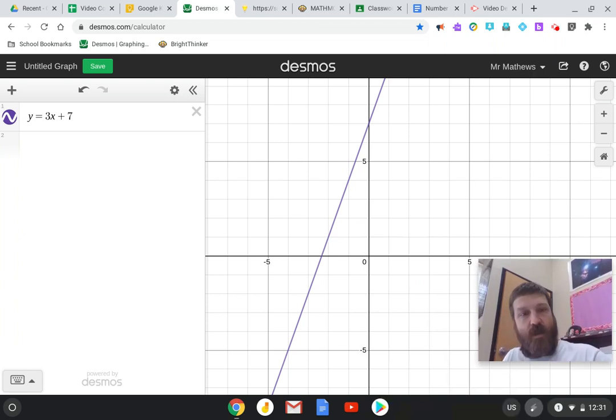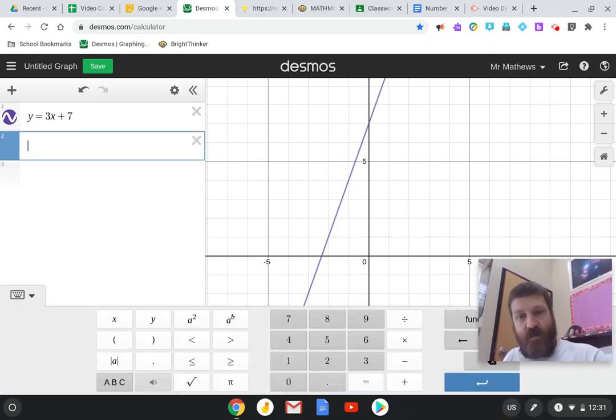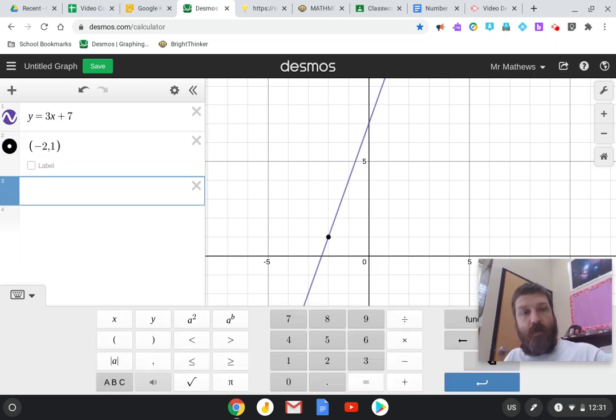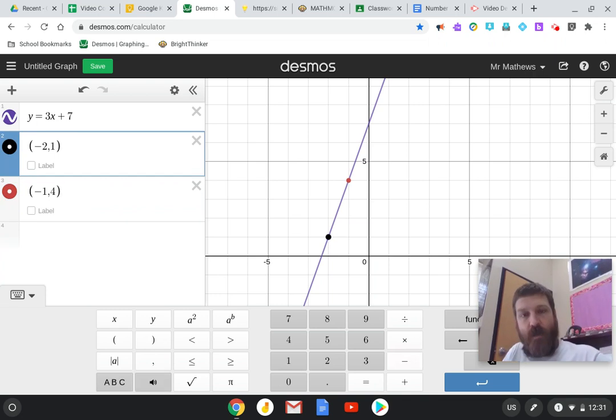Just for the sake of helping you see that, I'm going to put those 2 points in this. That is the point negative 2, 1. You won't have to do this. I'm just doing this to show you where I'm talking about. And the point negative 1, 4. There we go. So you see this black and this red point.